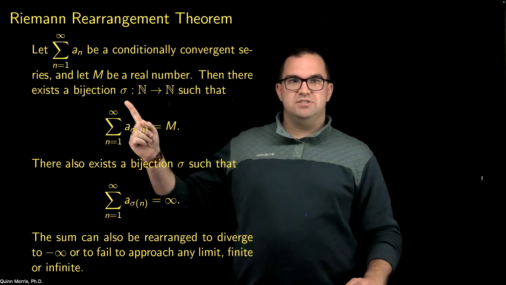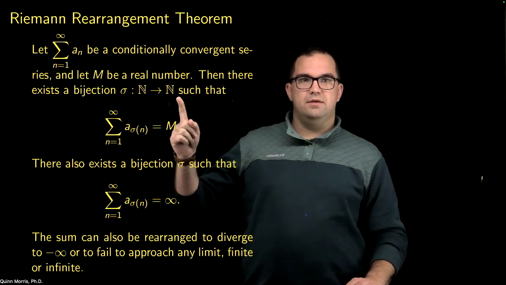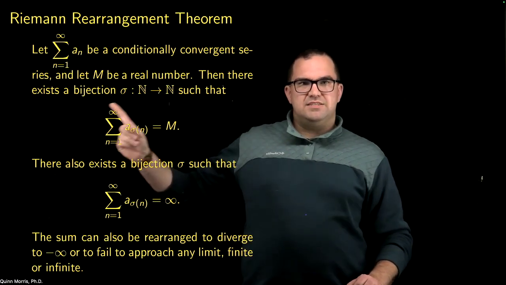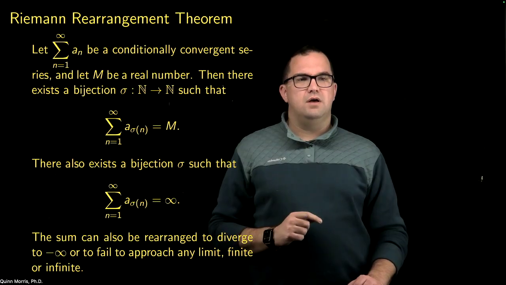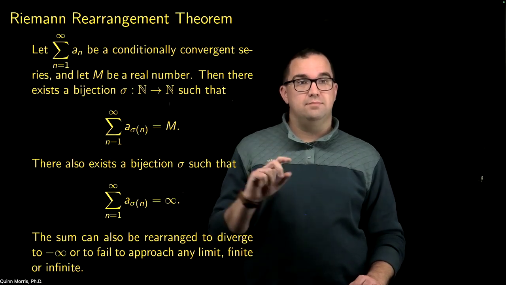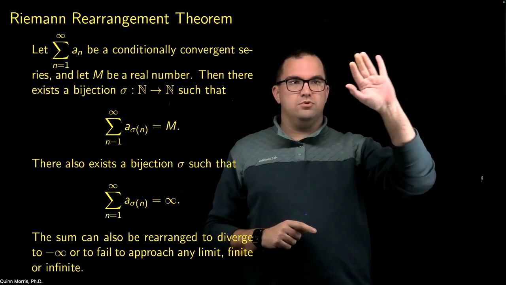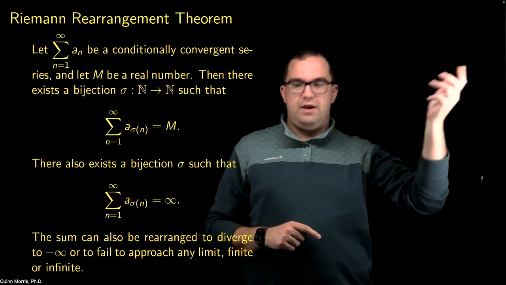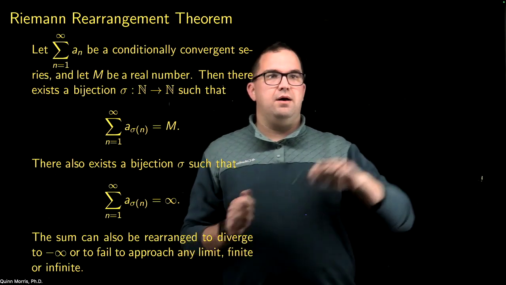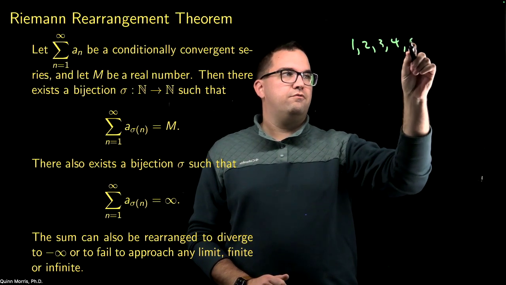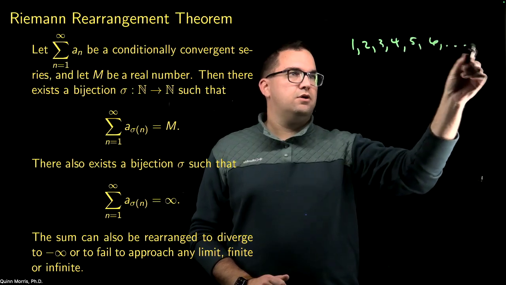We're going to call this bijection sigma. It's a bijection from the natural numbers to the natural numbers. Now, let's pause for a second. This sigma is often also called a permutation, because the idea is it takes the natural numbers and reorders them. So it goes 1, 2, 3, 4, 5, 6, and so on.